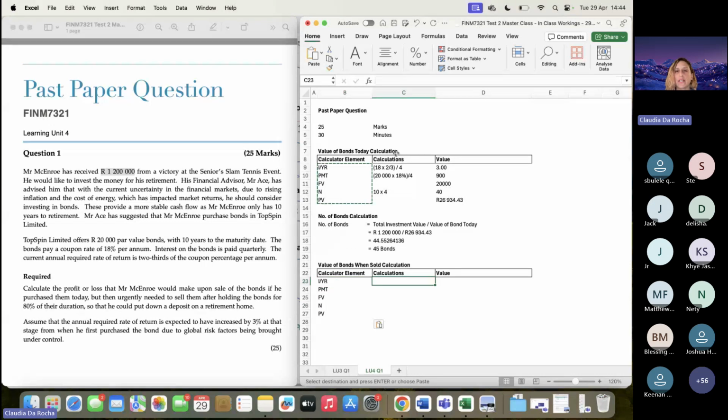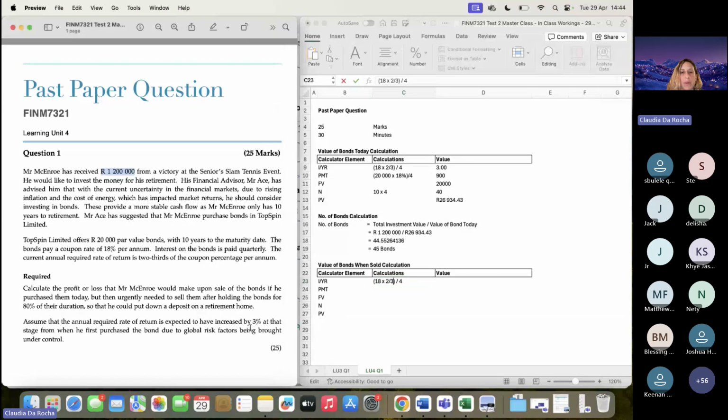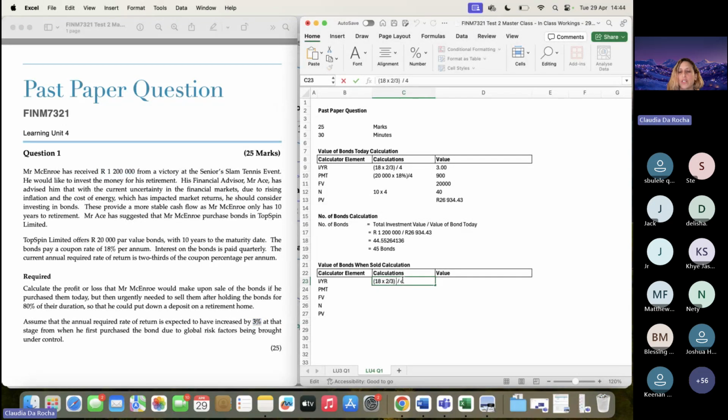Your interest rate is still going to be 18% times 2/3. But what has happened is you've got a 3% increase. So you're going to add the 3, and then this entire amount is going to get divided by 4, because you're still compounding quarterly. That hasn't changed.